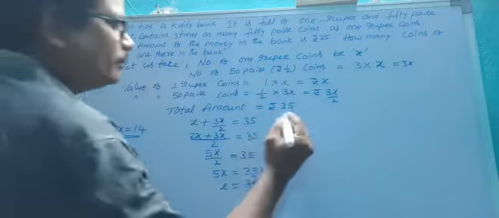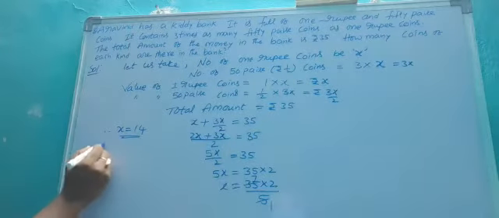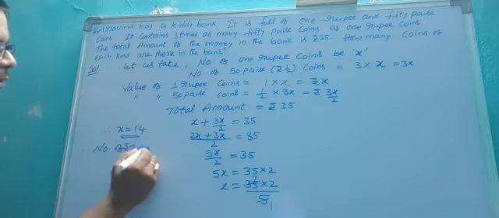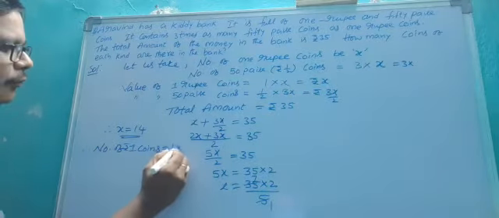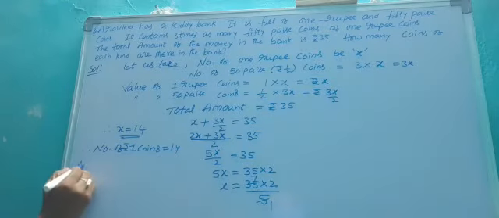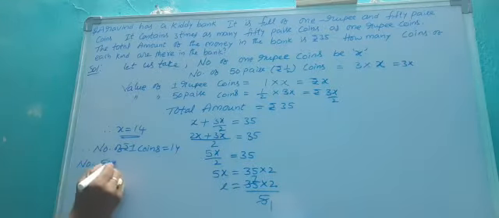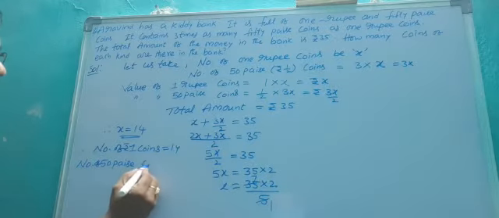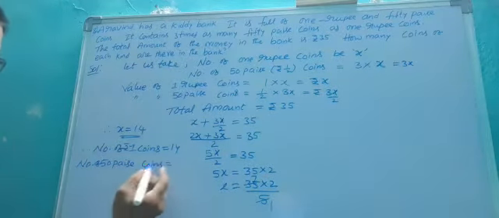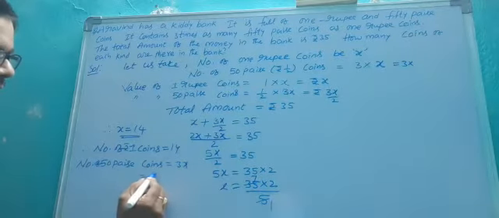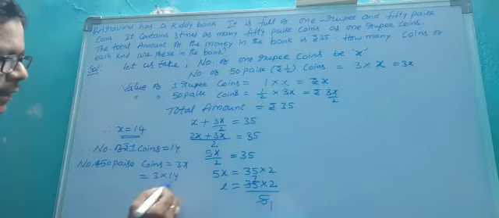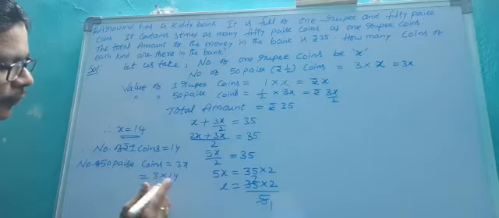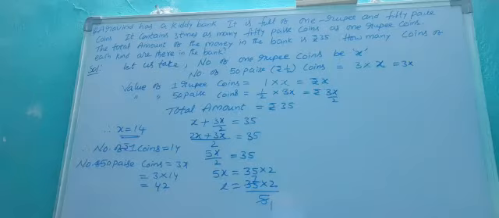Therefore the number of 1 rupee coins is equal to 14, and the number of 50 paisa coins equals 3x, that means 3 times the 1 rupee coins. 3 into 14, 14 threes are 42.